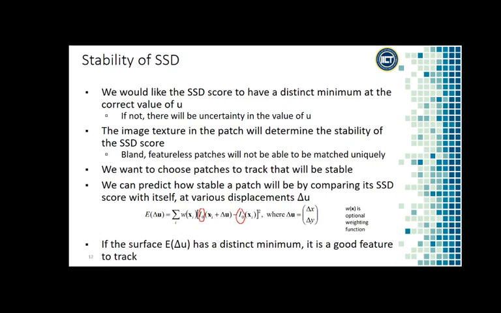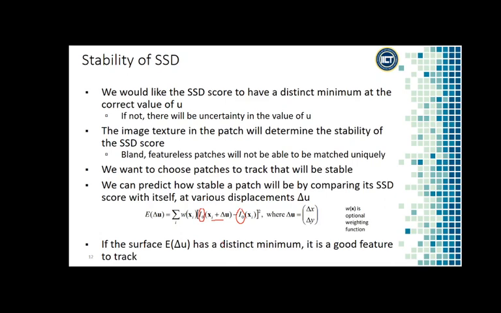So what we are going to do is displace the intensity values in I0, and check the differences between the displaced intensity values and the original ones, and see how much error we get. So if the surface E(u) has a distinct minimum, then it's a good feature to have.